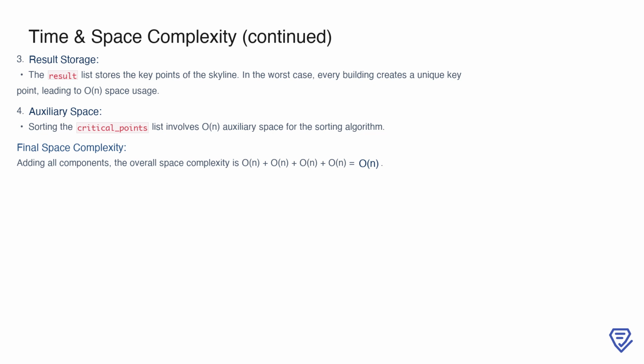Finally, the sorting step involves auxiliary space for the sorting algorithm, which also takes O(n) in the worst case. Summing these components, the overall space complexity becomes O(n) for the critical points, O(n) for the heap, O(n) for the result list, and O(n) for auxiliary space, resulting in a total space complexity of O(n). This efficiency makes the solution suitable for handling large inputs, as both time and space complexities are manageable.